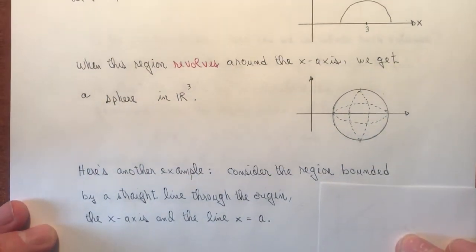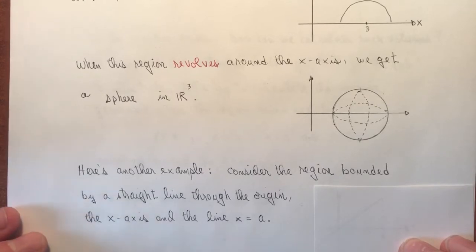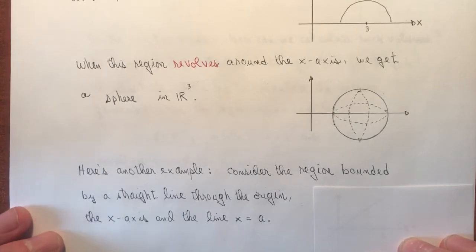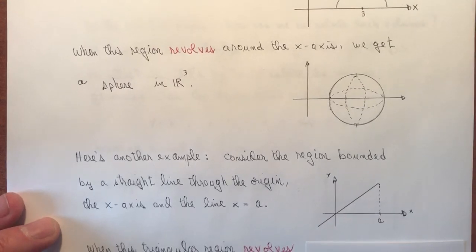So what else do we have right here? Suppose there's a region bounded by a straight line through the origin. The x-axis is another bound, and the line x equals a is yet another bound. What do we have this time around? Well, we have something like this.